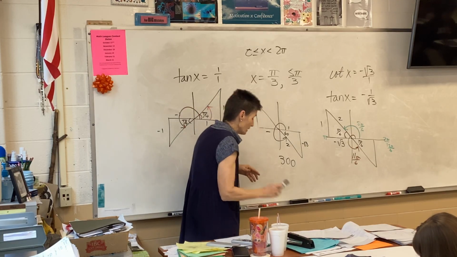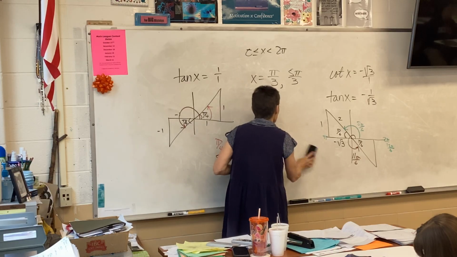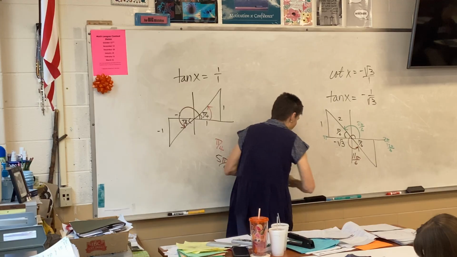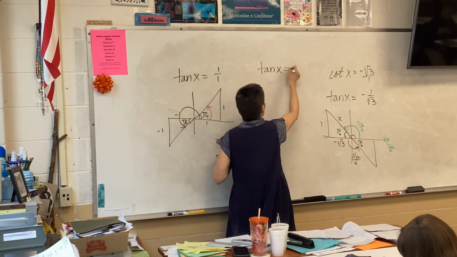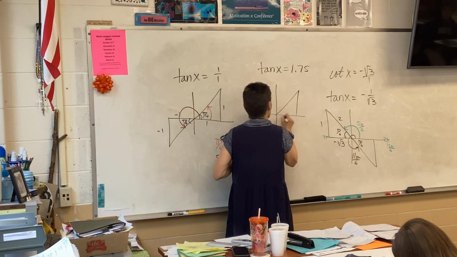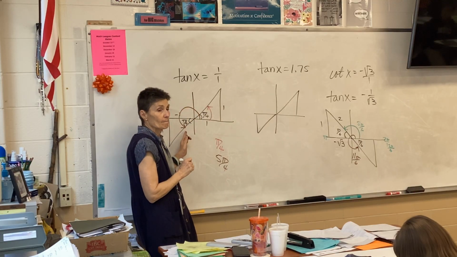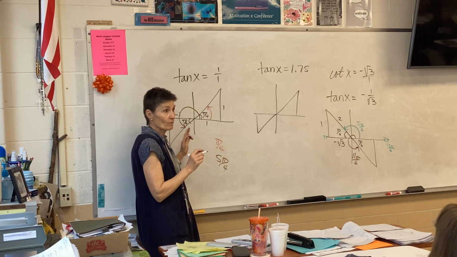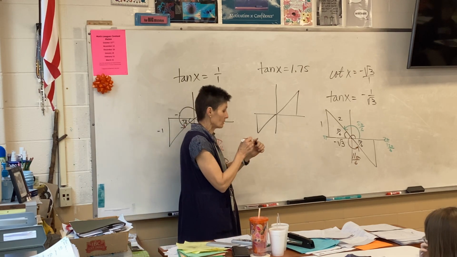So, let's start with, where will the tangent be a positive number? Quadrant 1 or quadrant 3. We just talked about that, right? Is everybody okay with that? Yeah. So whatever answers I get, they're gonna be quadrant 1 and quadrant 3 angles.